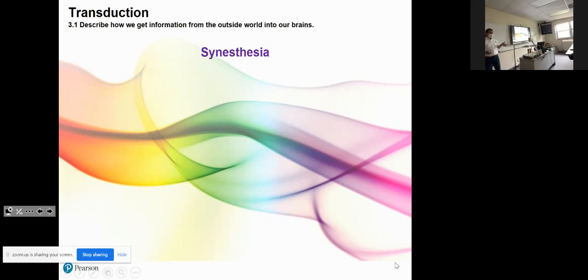We're either reacting to that, or we're forming memories, right? Transduction, put simply, is taking the outside world and bringing it in. Synesthesia, however, is the act of acquiring that information through one sense, but it activates other senses, if that makes sense. So what do I mean?